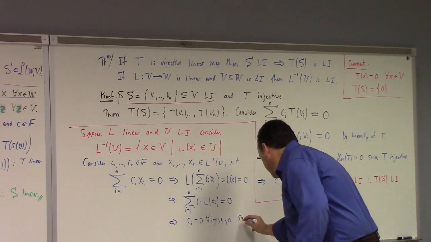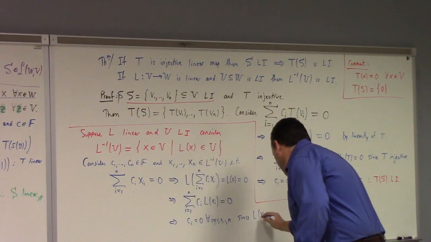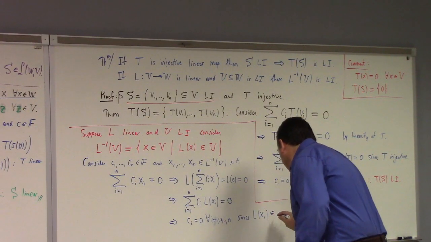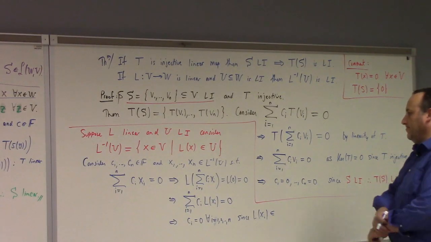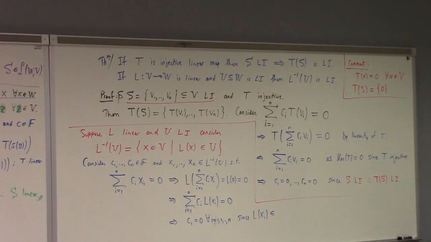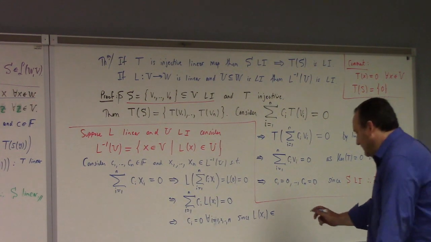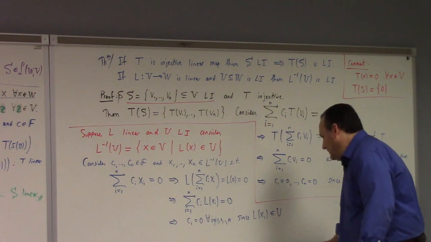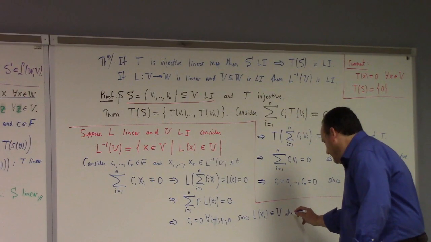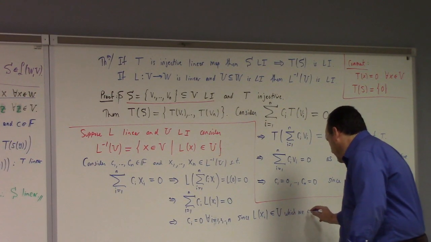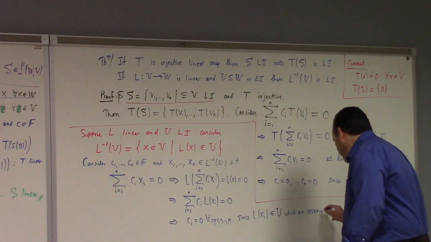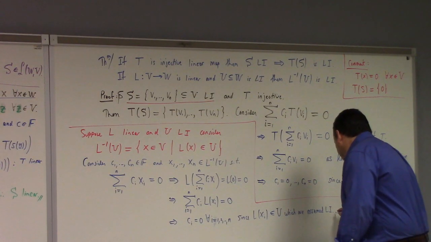Since L of xi is where? We have that x1 through xn is in the inverse image of U, right? So by definition, L of xi is in U, which we assumed linearly independent.